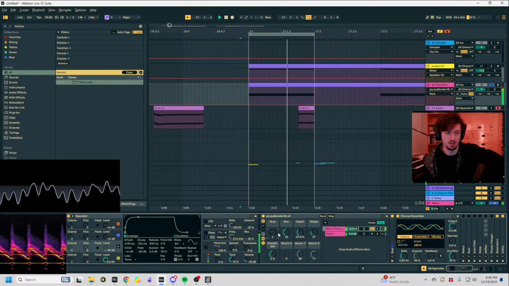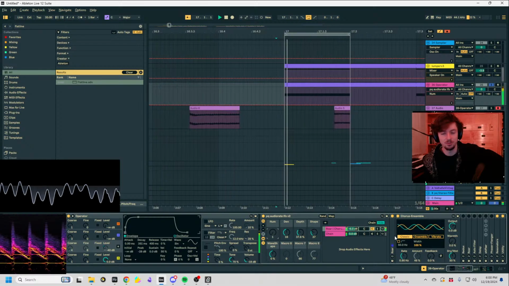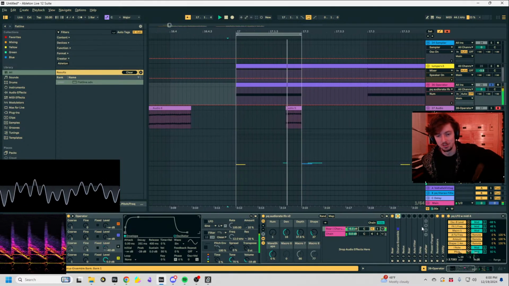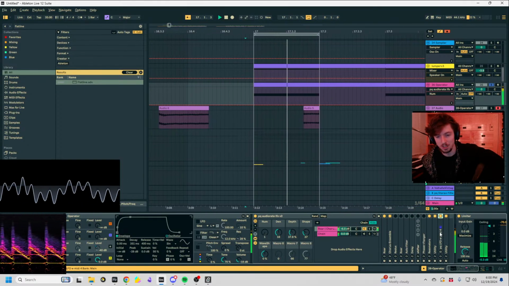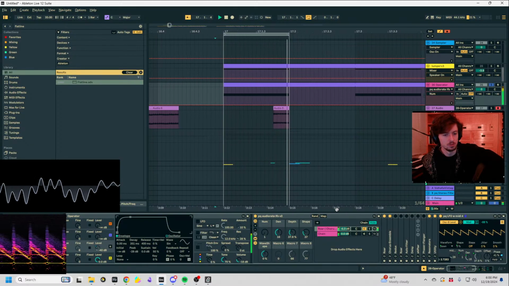Okay, now we have techno. Just the difference between techno and Russian hard bass is just a square wave versus a saw wave.